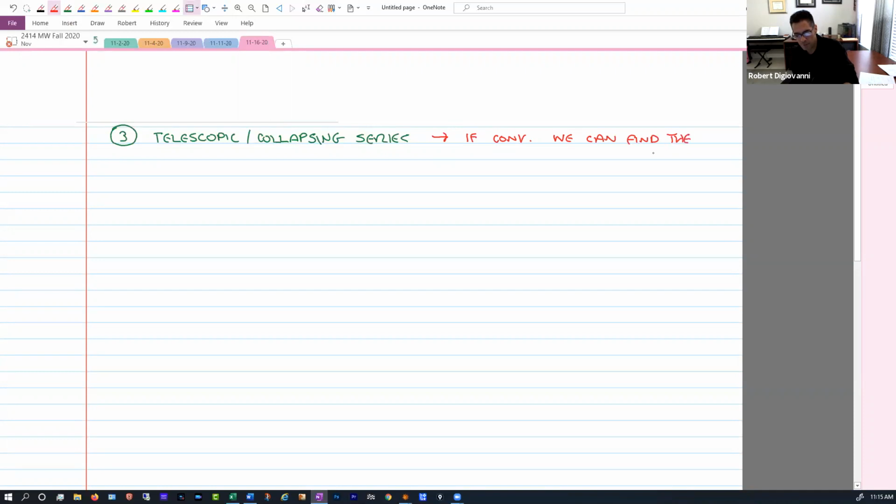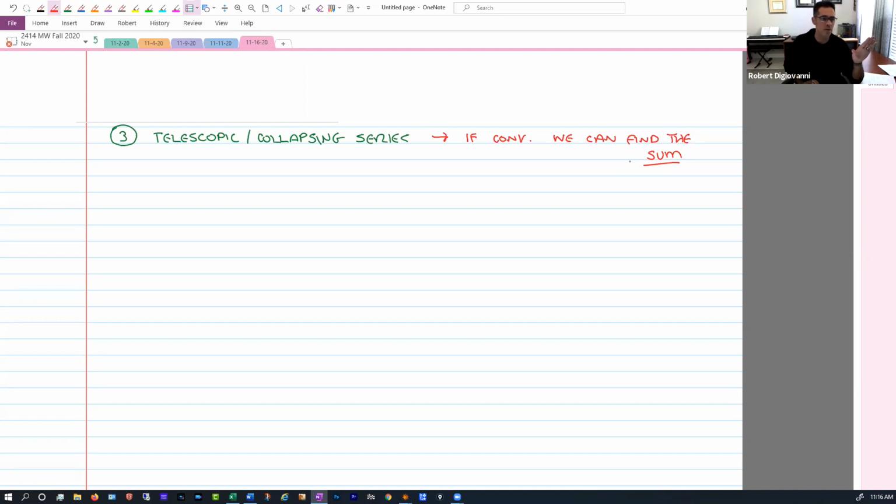Now, this is important. Let me tell you why. No matter how many times I say this, students forget this when it comes to a test. On your final exam, if I tell you to find the sum of the series, then that is telling you right away it's either geometric or telescopic, because those are the only 2 series we can find the sums of.